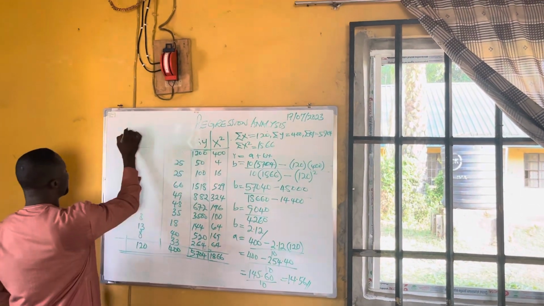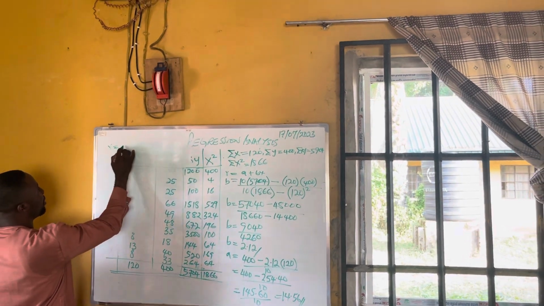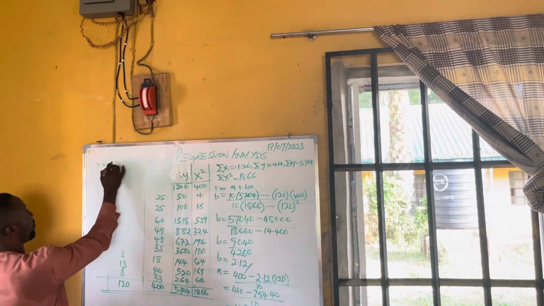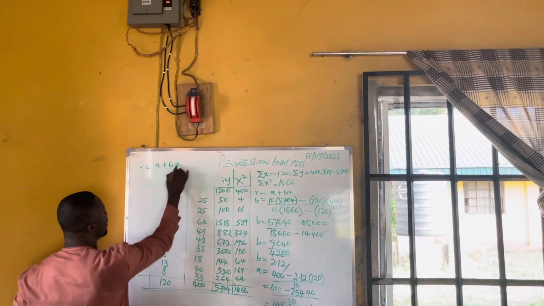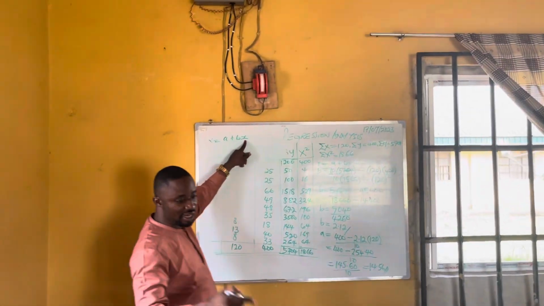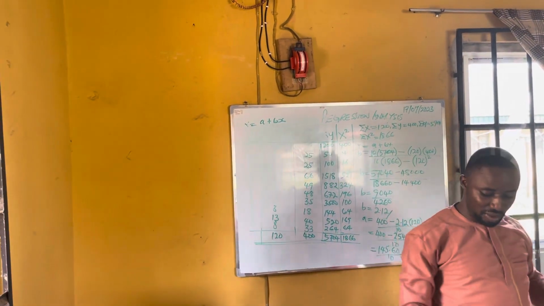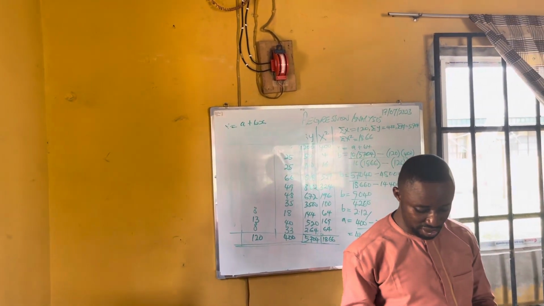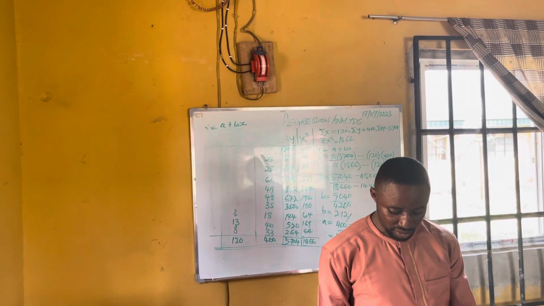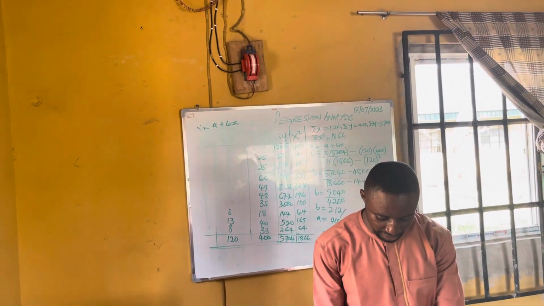So the formula says y is equal to, remember the estimation, we don't know the value of x in this formula, a plus bx. Are we together? In your question, they say what will be the cost of producing how many metric tons? 25,000, isn't it?